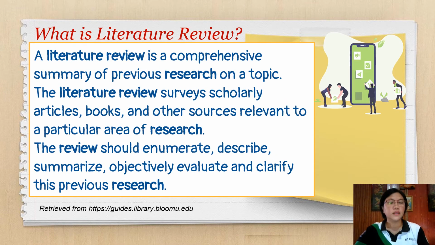Another description: it is a comprehensive summary of previous research on a topic. The literature review surveys scholarly articles, books, and other sources relevant to the particular area of research. The review should enumerate, describe, summarize, objectively evaluate, and clarify this previous research.